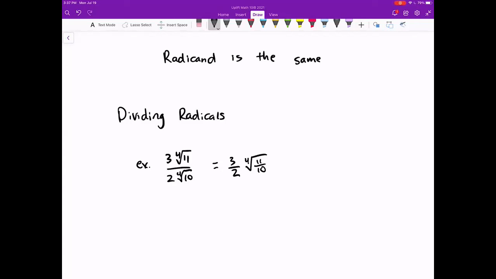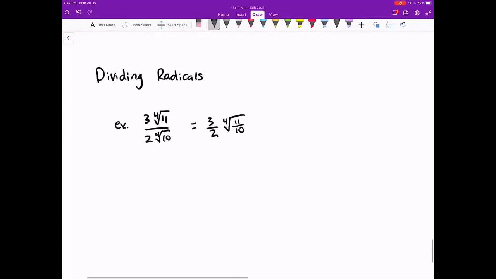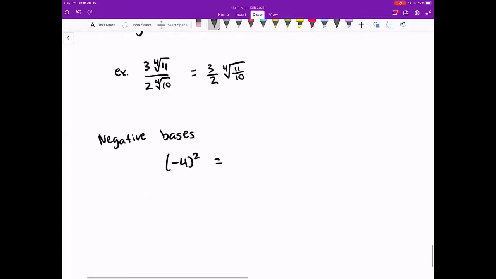So we talked about negative exponents, and now we're going to talk about negative bases. If we have something like negative 4 in brackets squared, what we end up with is negative 4 times negative 4, which is positive 16.